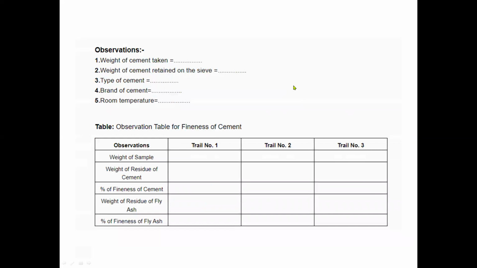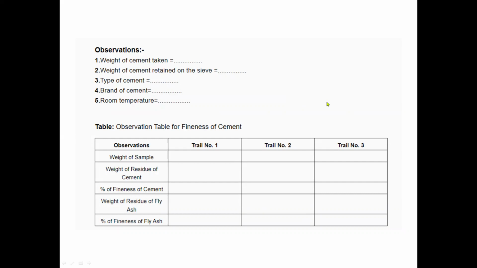For our observations, we have to list down the following: the weight of cement taken, the weight of cement retained on the sieve, the type of cement, the brand of cement, and the room temperature. As shown below is our observation table for fineness of cement. We have trial number 1, trial number 2, and trial number 3.